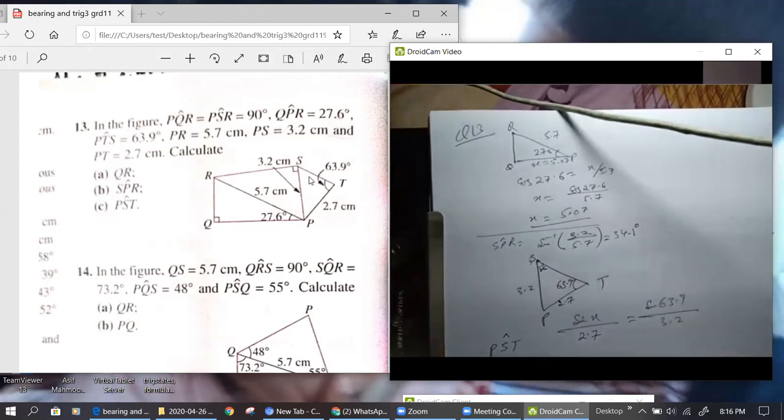So x will be equal to sine inverse of 2.7 times sine 63.9 divided by 3.2. Please put it in your calculator and find out the answer.